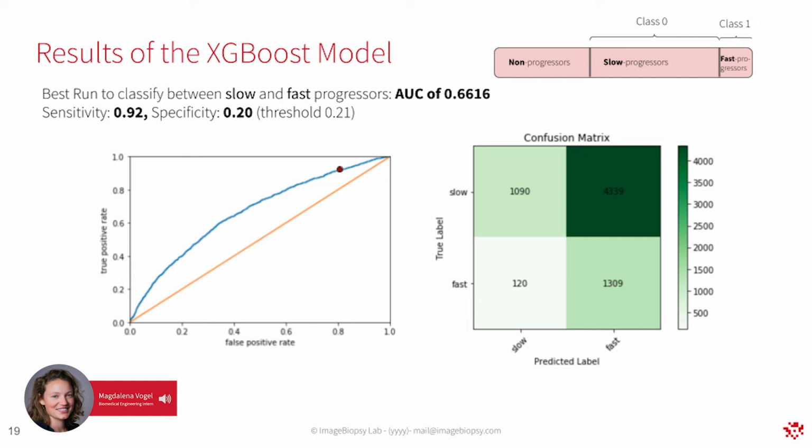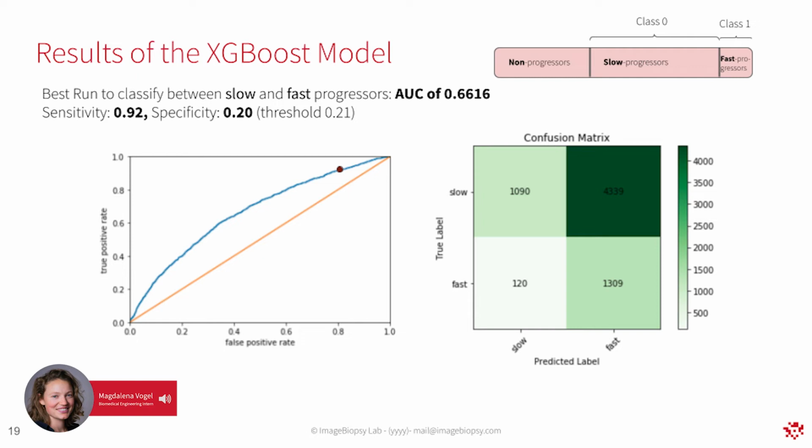Here the blue curve is the plot of the true positive rate over the false positive rate, and the AUC is the area under this blue curve. The orange line would be random guessing, so we're better than random guessing, which is until now we cannot predict OA better than random.